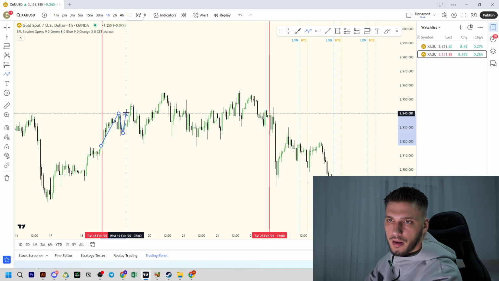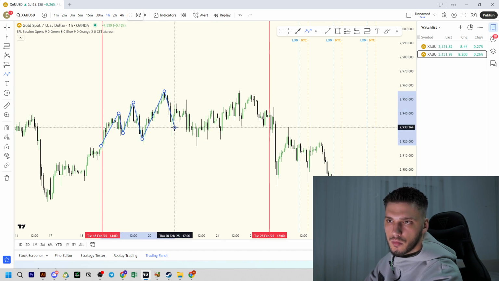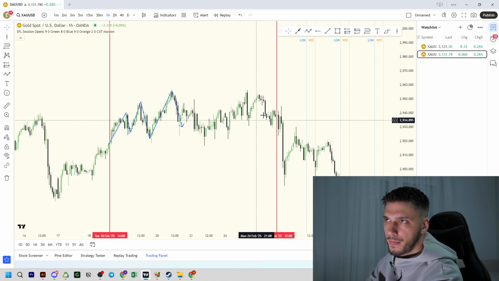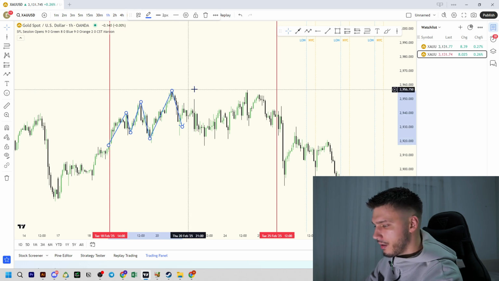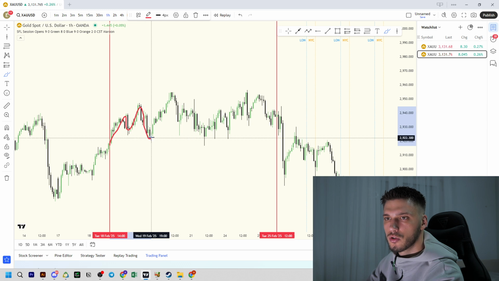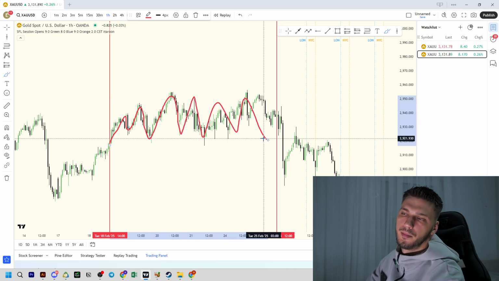You could do this as well. This tool can be found here. This is the path. But I think doing it by brush could really get you to draw it and to know it better.